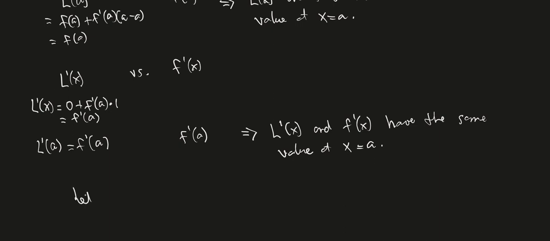I'll say P sub n. We use this symbol to represent the nth degree polynomial that we are going to use to approximate this function.